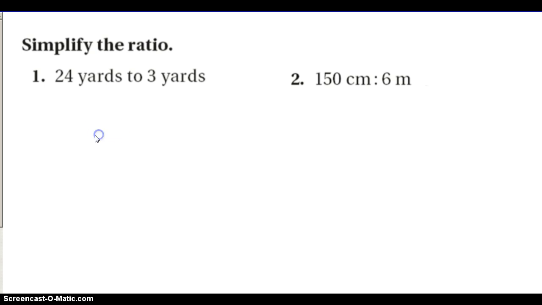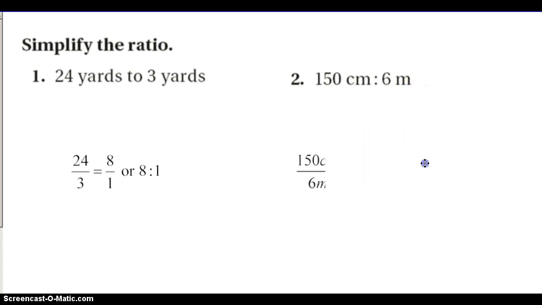Okay, so yards to yards is very easy. So I get 24 over 3, 8 over 1, or 8 to 1. Like I said, 8 over 1 as the fraction is absolutely fine. When you did number 2, you had to be careful that you have centimeters and meters. Centimeters is smaller, so I'm going to change the larger one to make it smaller.